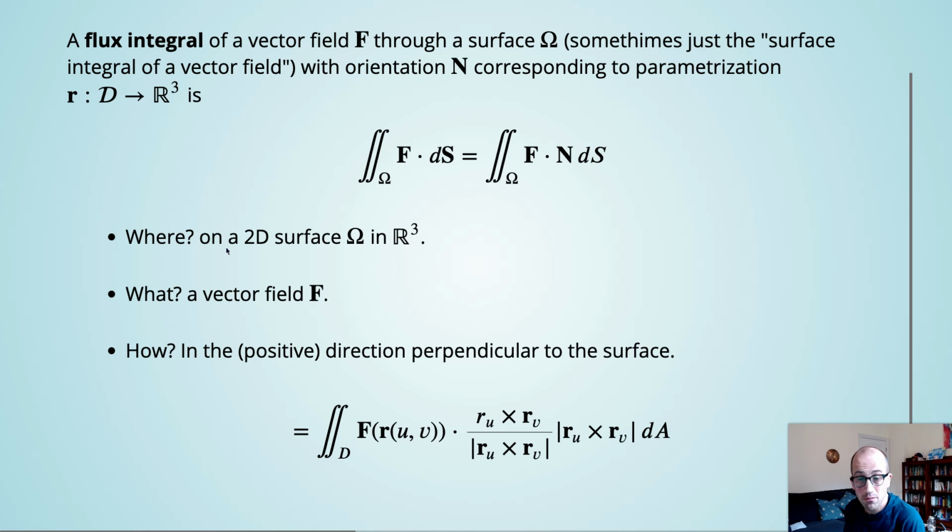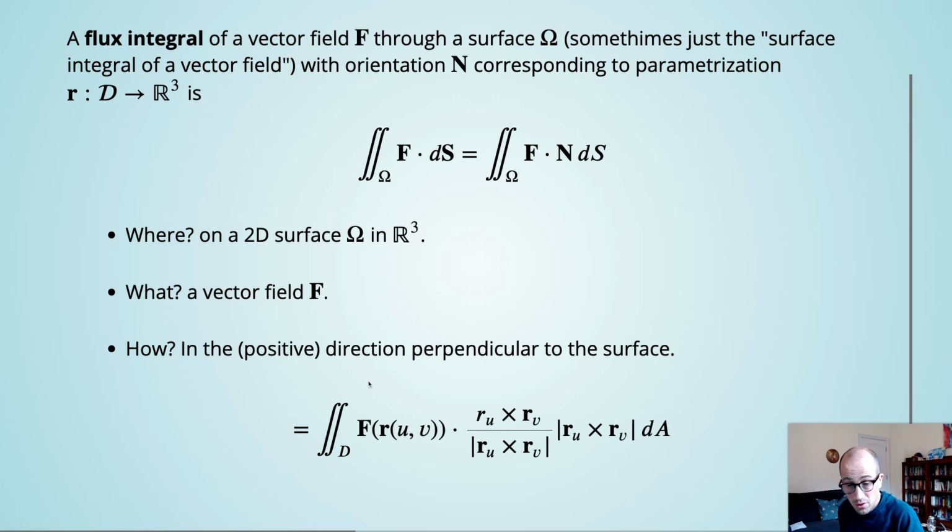In some ways, the most important feature of this, once you recognize what kind of thing you have, a flux integral, a surface, a vector field, how much does it flow through? What you do, based on this definition here, is add up the dot product of the vector field with the normal vector and then integrate that with respect to surface area. So these are equivalent notations for the same computation.